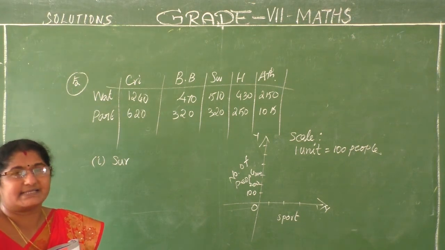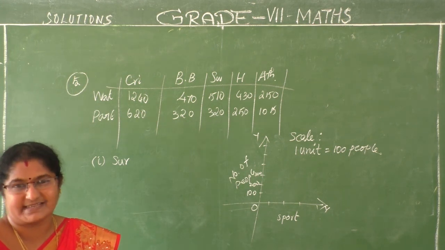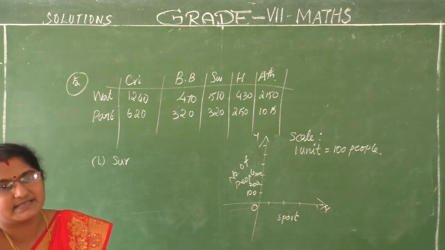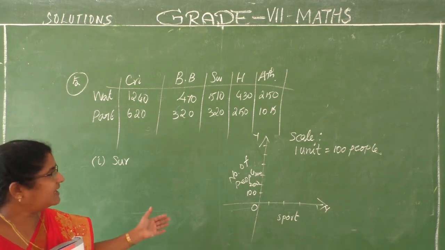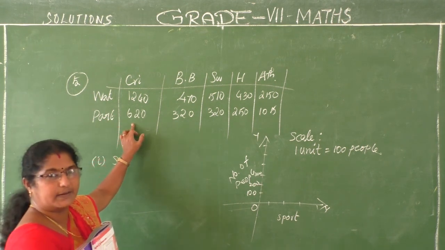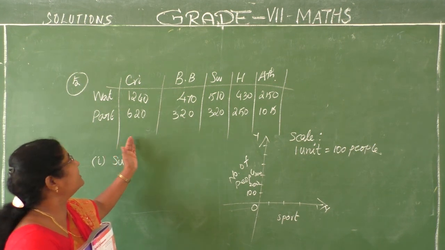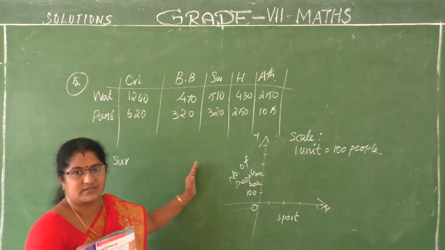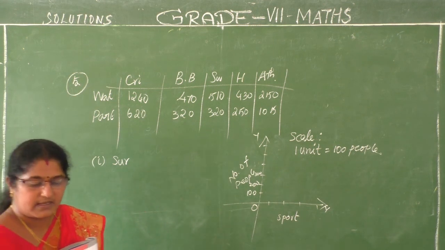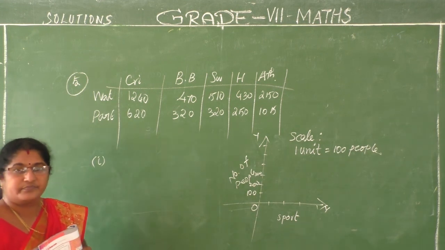In which one are the people interested, whether it is watching the sport or participating in the sport? That only we have to compare. So we can compare watching and participating in the sport, as we get the idea from this graph. Okay, so just like that we have to write it.